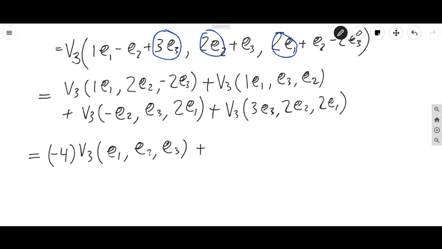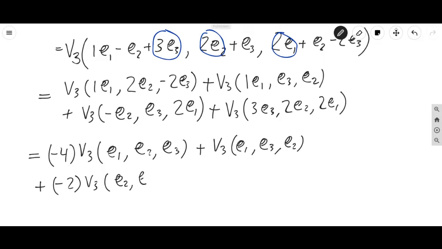Now let's go to the second term. The second term is just V3 of E1, E3, E2. The third term, you'll notice we have a factor of -2. So this is V3 of E2, E3, and E1.